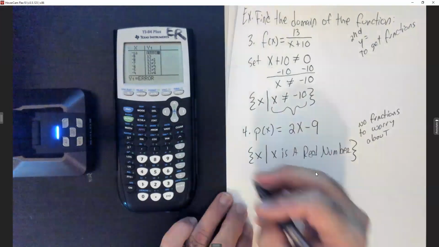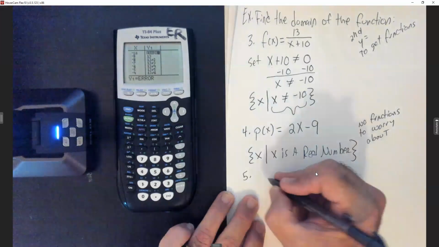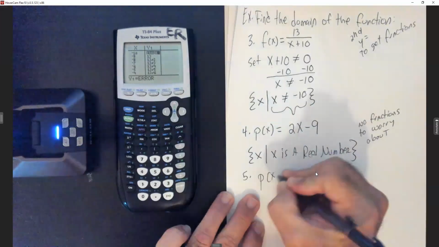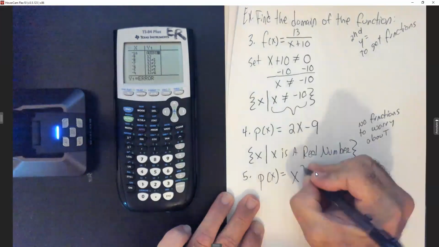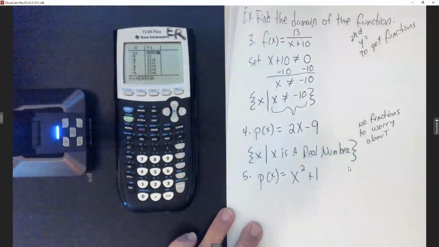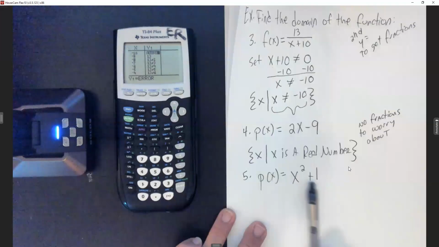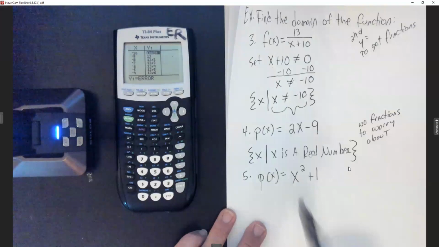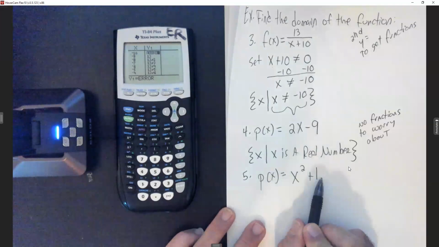So then you would move to number 5. Number 5 is P of x equals x squared plus 1. So we're not worried about this one, right? Because I don't see no fraction. I don't see no radicals. And any number I square will give me a number plus 1, right? So this will work for any number, whether it's negative or positive.